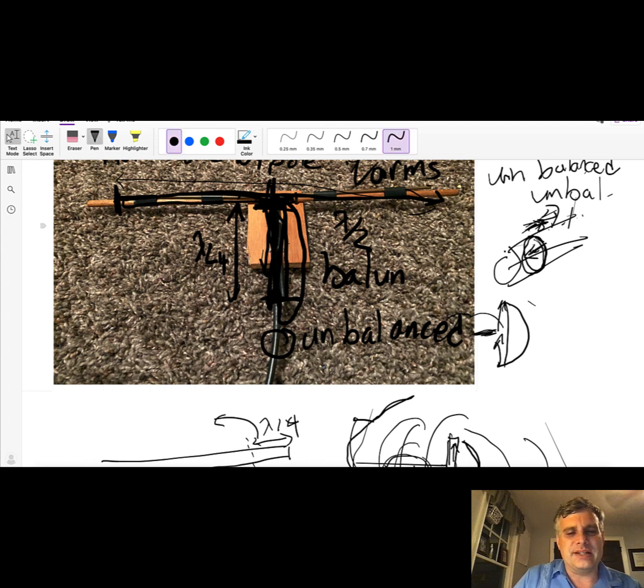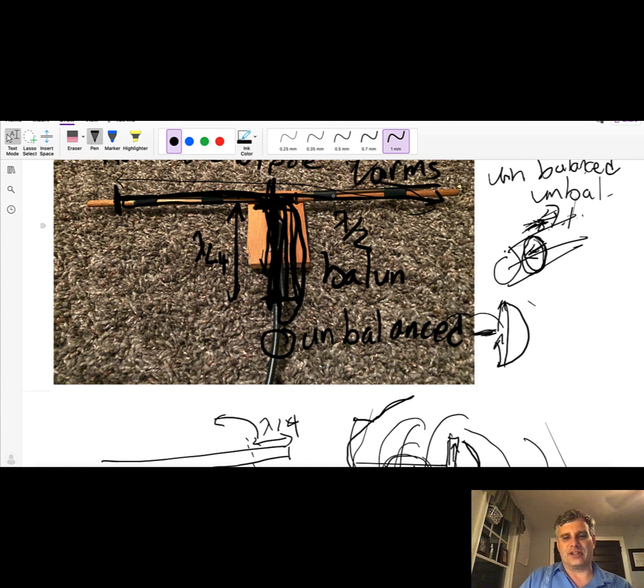And that's not surprising because it's really the dimension of the wave in the medium. Remember, a coaxial cable is filled with dielectric of a permittivity of somewhere between 2 and 3. So the wavelength is going to be the square root of 2 or the square root of 3 smaller than in free space. So we should not be surprised to see that this quarter wavelength balun is shorter than the quarter wavelength free space arm of these two dipole arms.